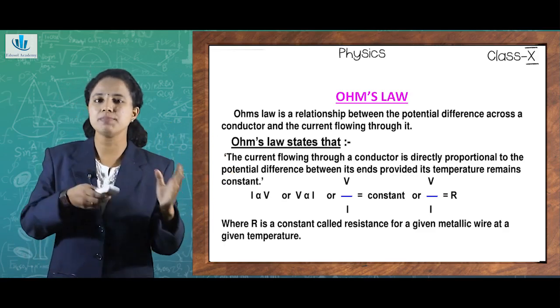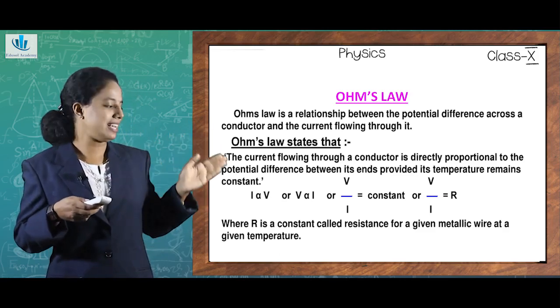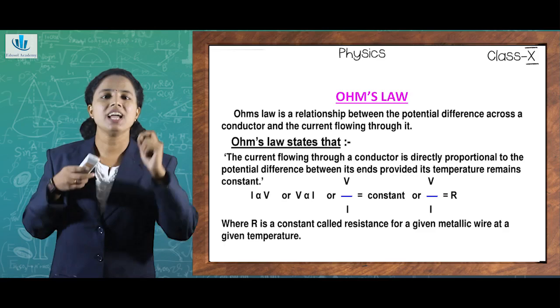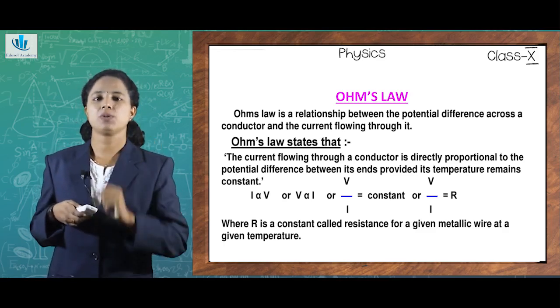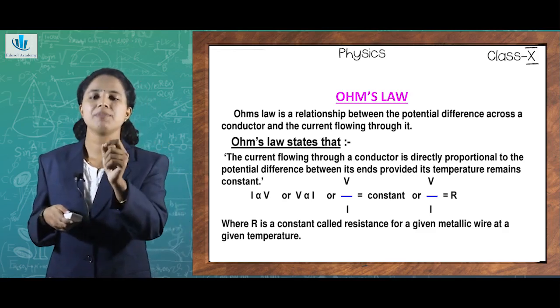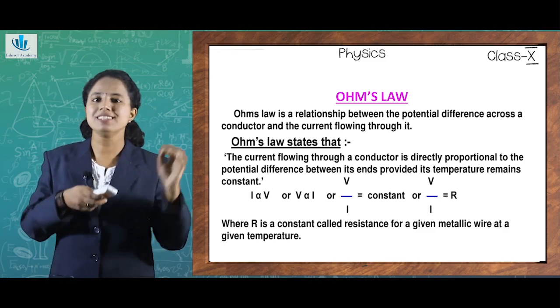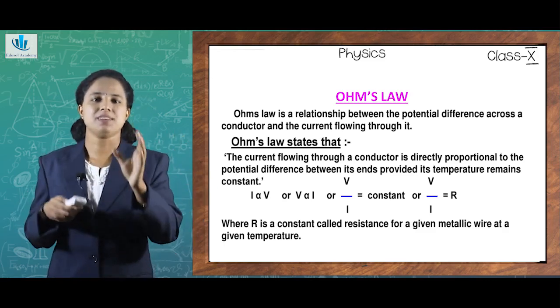In a certain manner we can also write it as V by I equals a constant, and that constant is represented by R, the resistance. For example, if I take a particular metal wire, it will have a constant R. R is the constant called the resistance for a given metal wire at a given temperature.